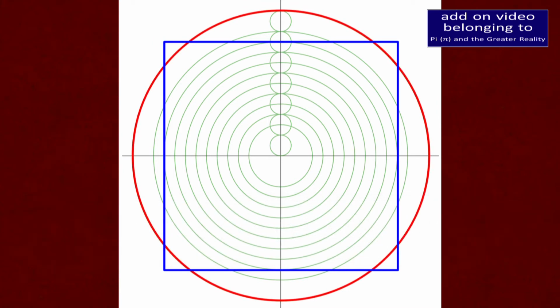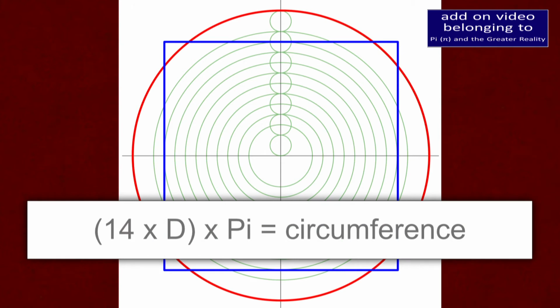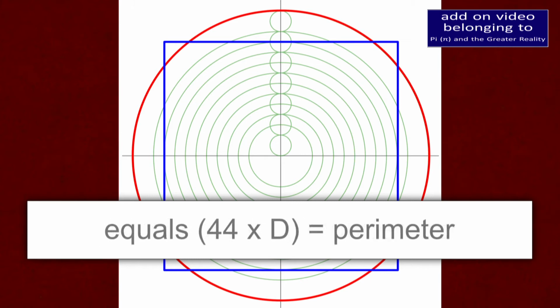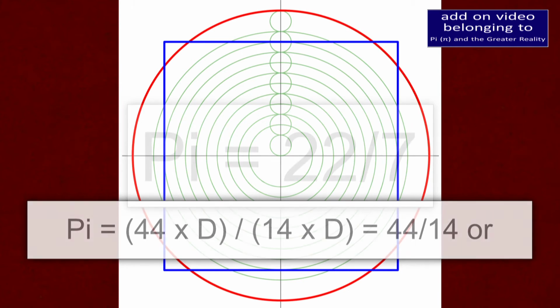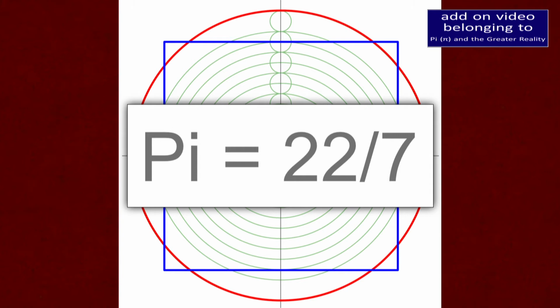We would have perfect squaring the circle if the circumference of the circle would be equal to the perimeter of the square, or if 14 times d times pi, which is the circumference of the circle, equals 44 times d, which is the perimeter of the square, or if pi is 44 times d divided by 14 times d, which is 44 divided by 14, or 22 divided by 7.